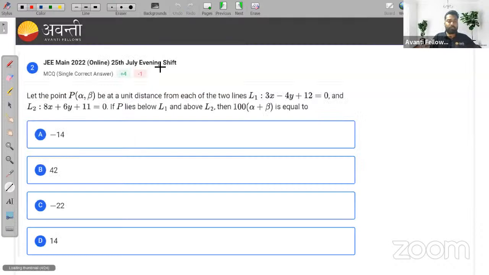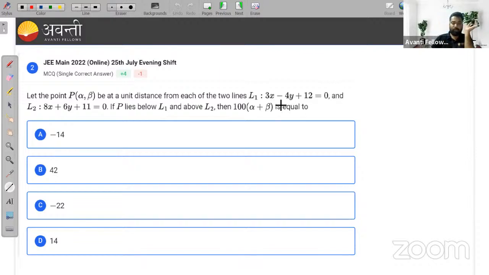If I draw the figure first, I already told you when you are going to solve questions from coordinate geometry or conic sections, the first duty is to draw the figure. So first of all, I'm making the coordinate axes. He's saying that P is at unit distance from each of the lines L1 and L2.